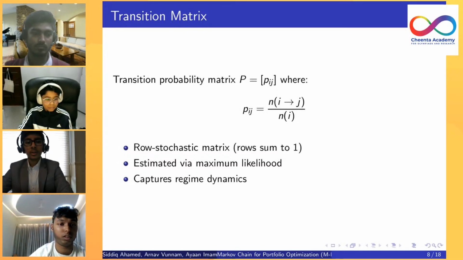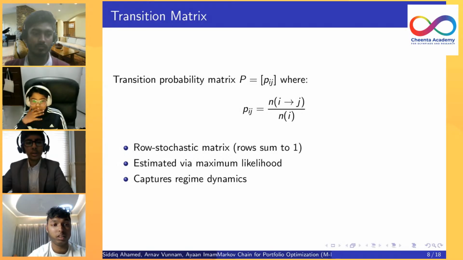This slide is about the transition matrix. Once the regimes are defined, we estimate the transition matrix using the formula shown. Each element in the matrix represents the probability of moving from one regime to another, calculated using historical frequencies and maximum likelihood estimation.